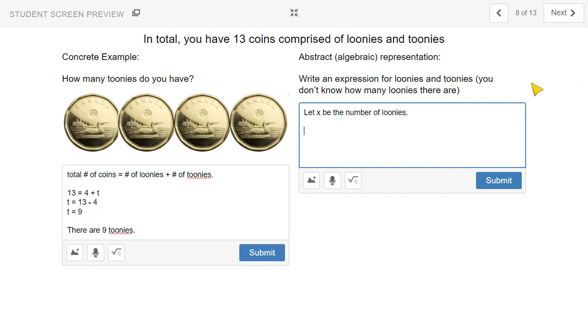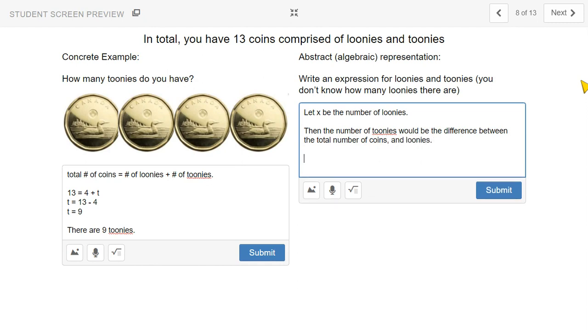So let's do the same here. So the number of toonies would be the difference between the total number of coins and loonies. So that means toonies is going to be equal to 13 coins minus x, which is the number of loonies.